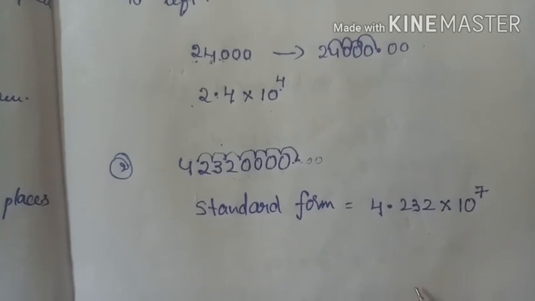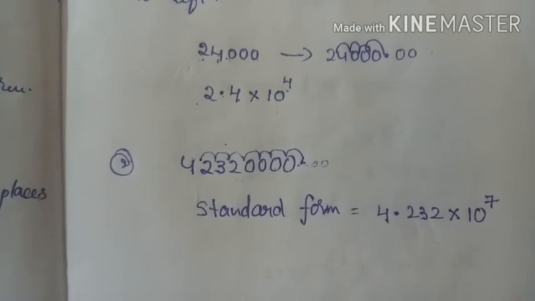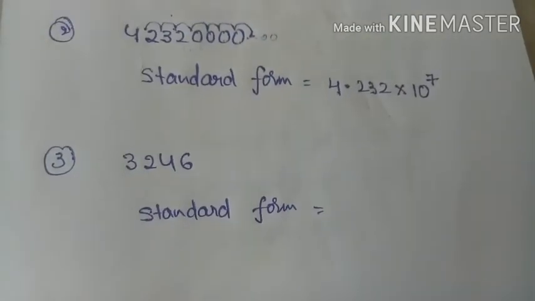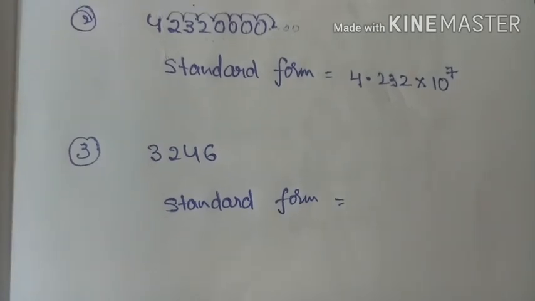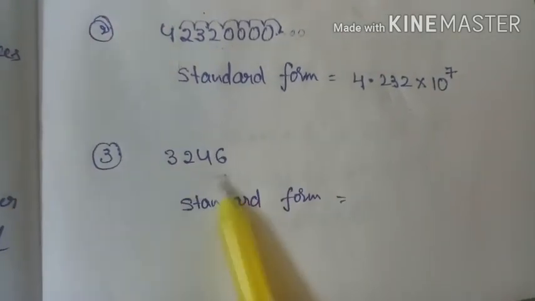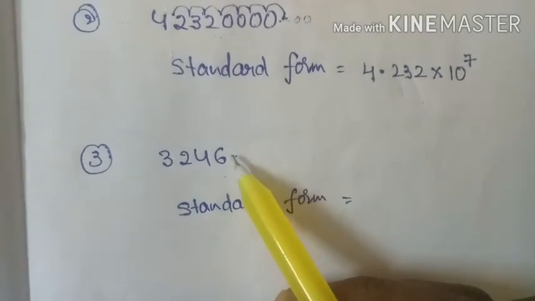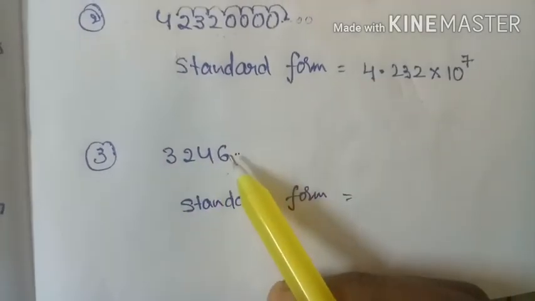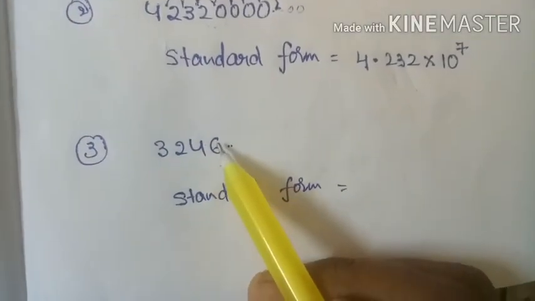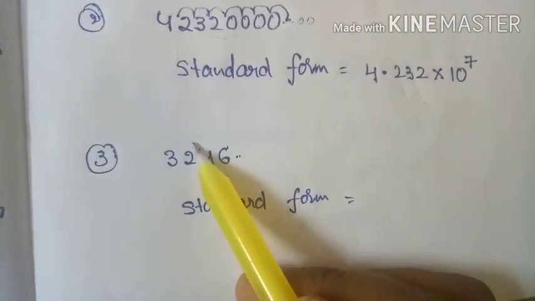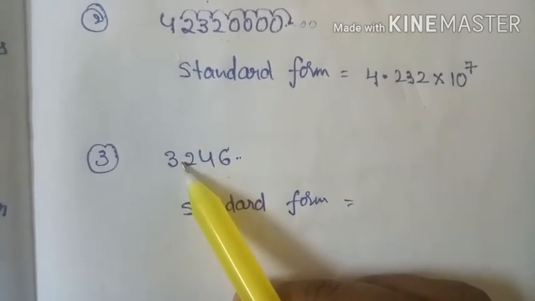Okay, I think you understand. Clear? One more example. Now tell me, what is the standard form of 3246? Just observe, is there any decimal point? Not there, so the decimal is at the end. Now how many jumps will we go from right to left? 1, 2, 3. We want the decimal so that it lies between 1 and 10.